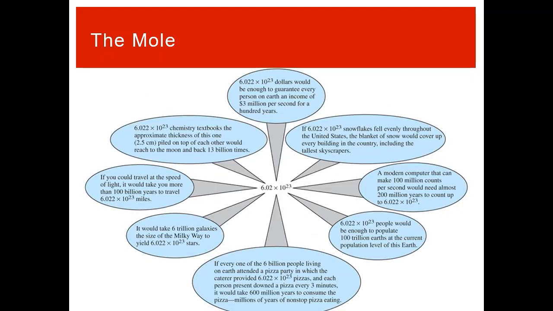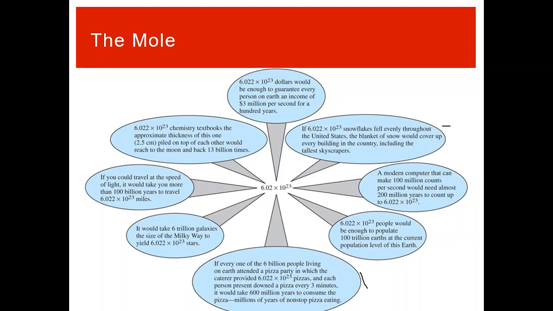Here is a chart from another book that I've used, about what a mole's worth, an Avogadro's number of any other object, would look like. It would be stupidly large. It's enough snowflakes to cover the entire United States up to the tallest skyscraper.